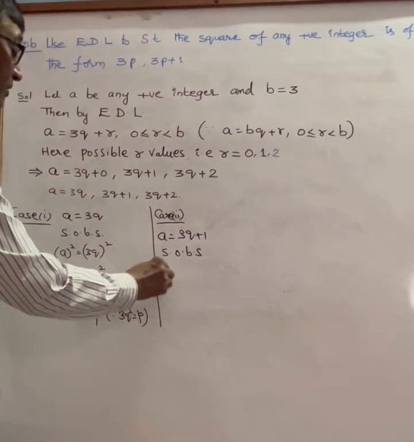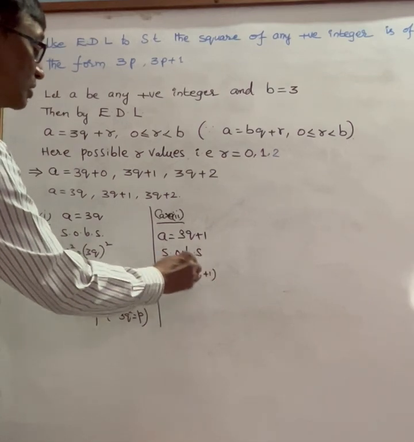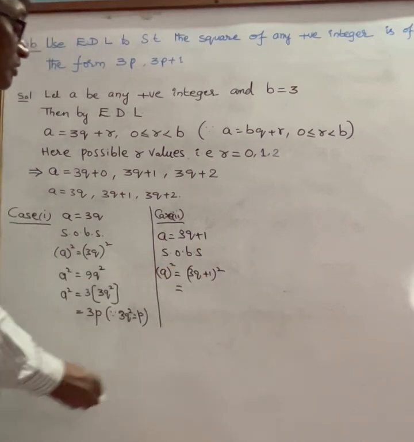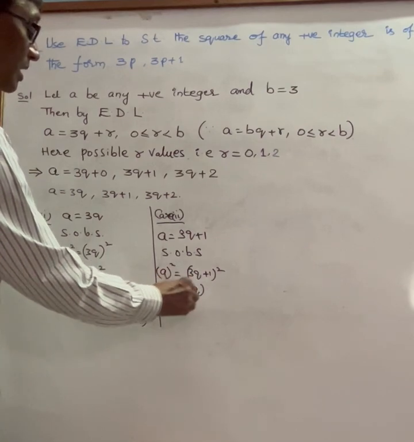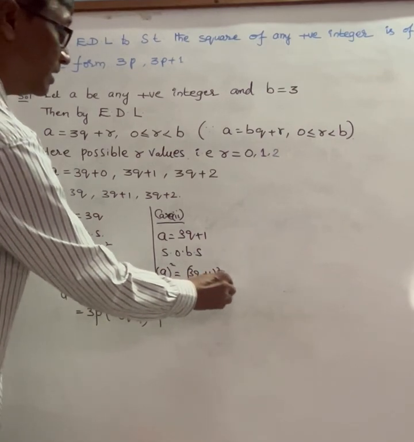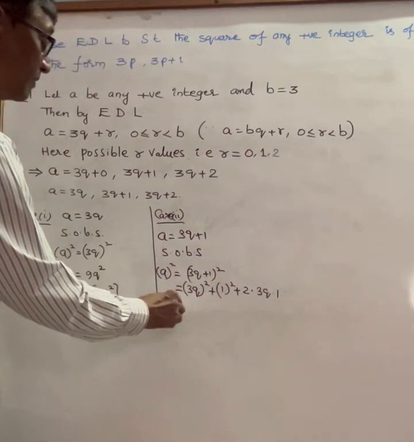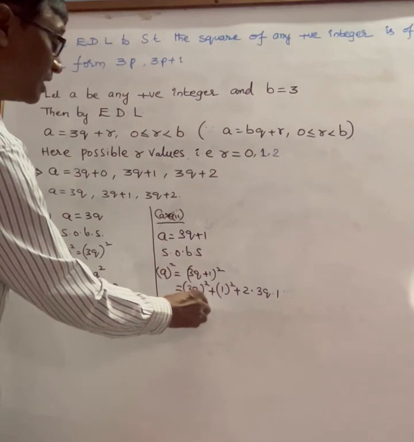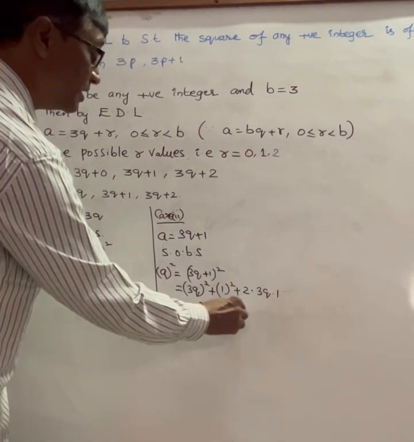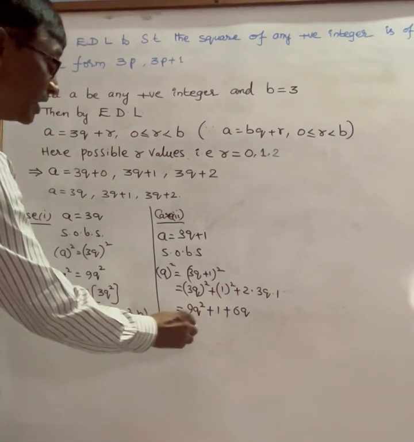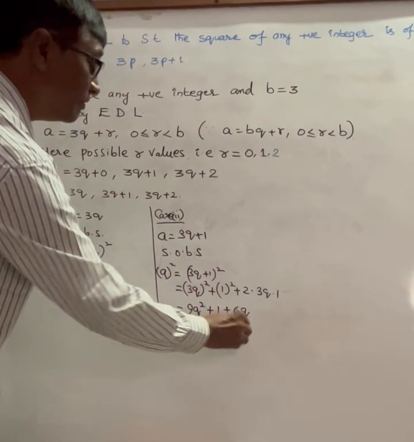Here a square becomes 3q plus 1 whole square, which is in the form of a plus b whole square. First a square, then b square plus 2 into a into b, which becomes 9q square plus 1 plus 2 into 3 into 1, that is 6q. Now we may write 9q square plus 6q plus 1.